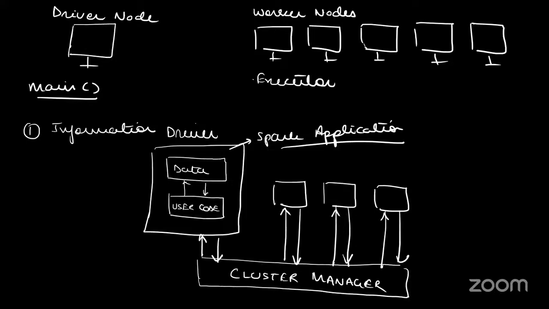So the cluster manager keeps track of all the resources which are available, and the driver process is responsible for executing the driver program's commands across the executors to complete a given task. And the executors, for the most part, will always be running the Spark code.